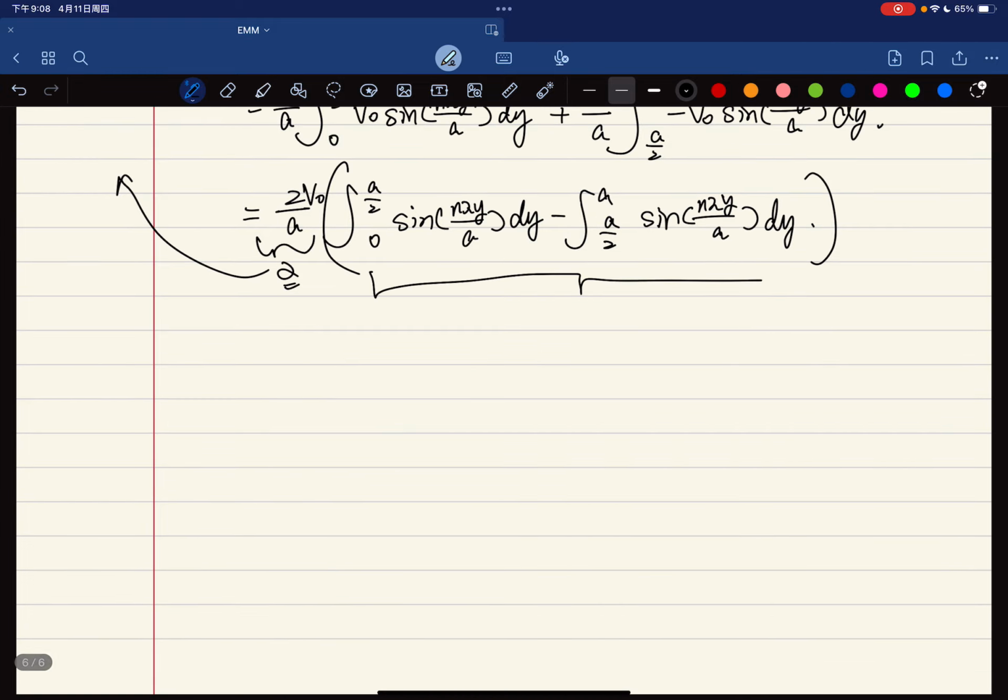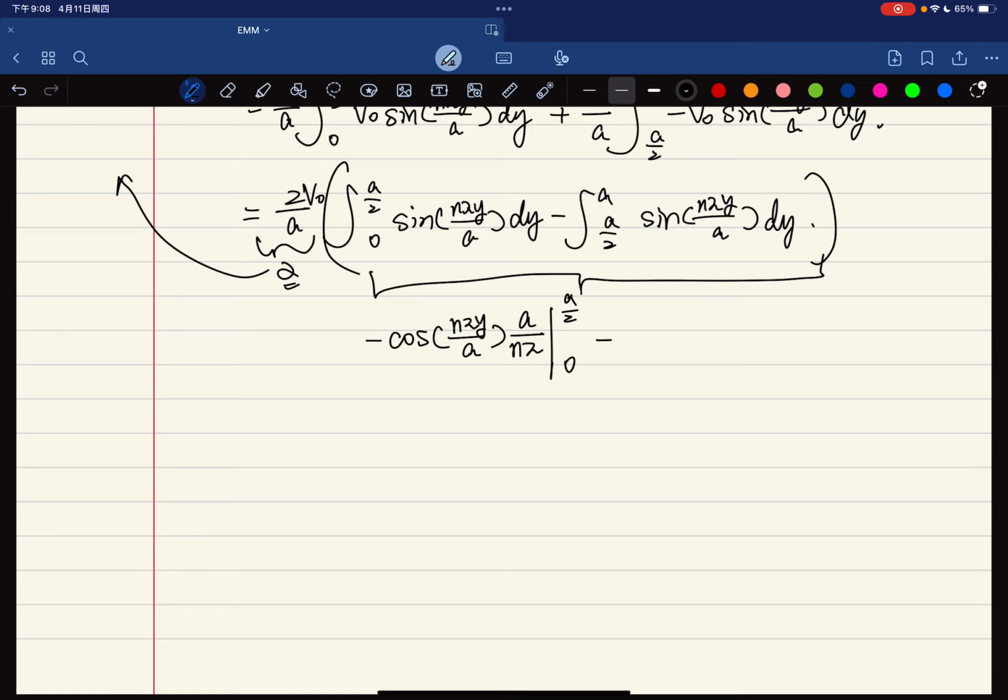Let's focus on what is that. The first integral will become the sine, yes, that's correct. And we also have this constant left. This is just the way to solve this integral.